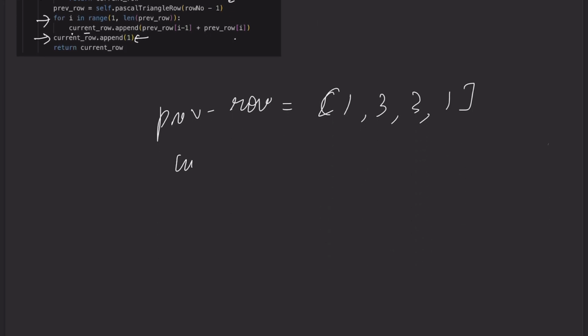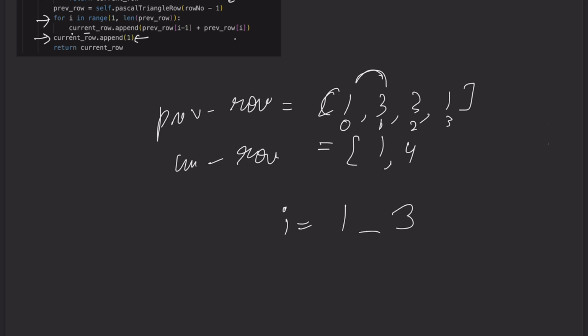Now current row contains just element 1 and we run I from 0 till 4 minus 1, that is 3. From 1 to 3. So when I is equal to 1 we get these two elements at 1 index and 0 index, right? And add it and append it to current.